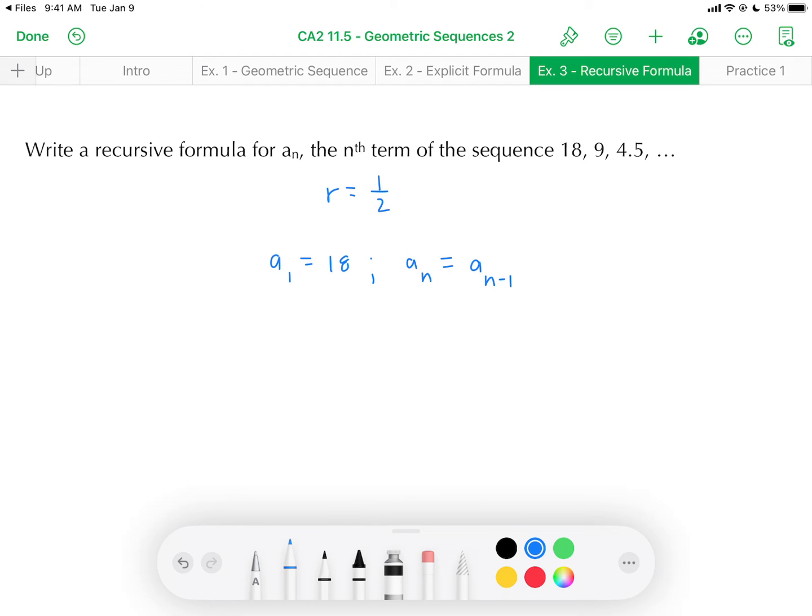And then what are you doing with that? No, you're overthinking it. Yeah, multiply it by the 1/2, the r value. So you could write it like that, or I suppose you could say, isn't that equivalent to a sub n minus 1 divided by 2?